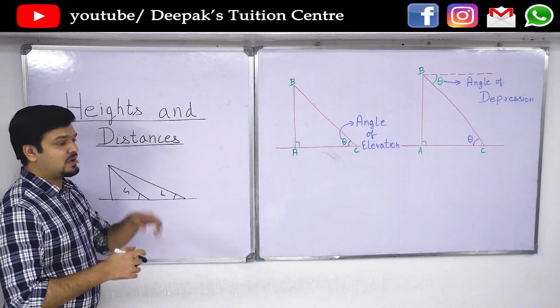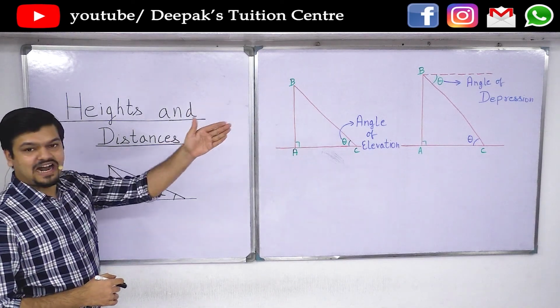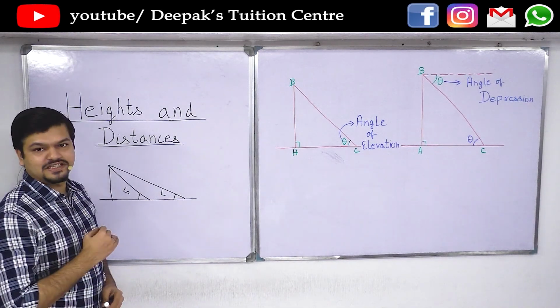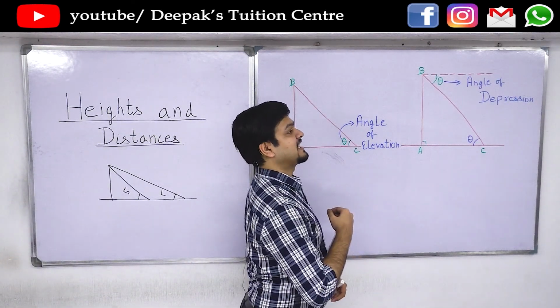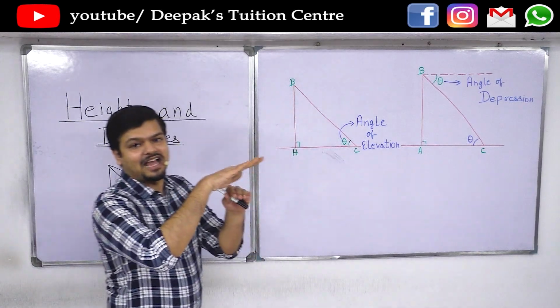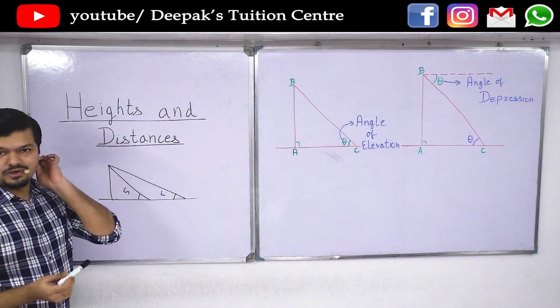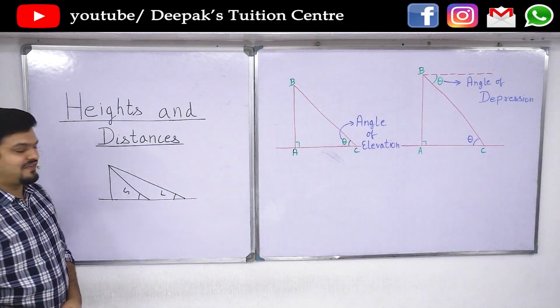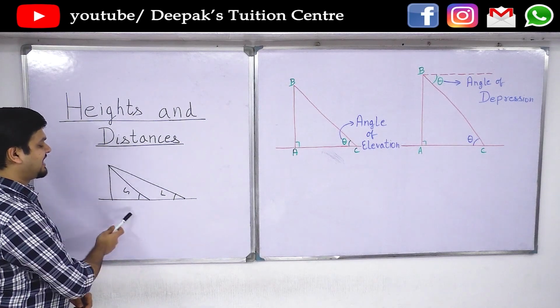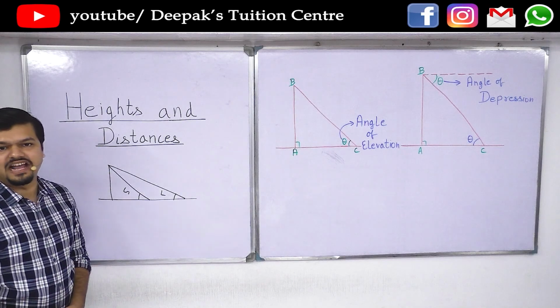Because if you have to look at a building from a far distance, you do not have to lift your face much up. But if you go pretty close to the building, then you have to lift your face pretty high. So therefore, the angle of elevation will be greater. So if in the question there are two angles given, one is 30 degree and one is 45 degree, then obviously this is the 30 degree angle and this is the 45 degree angle.